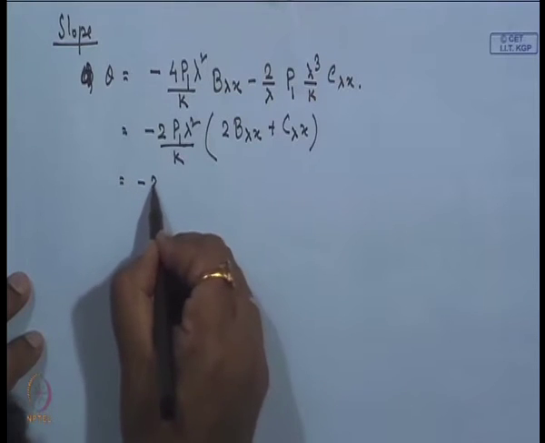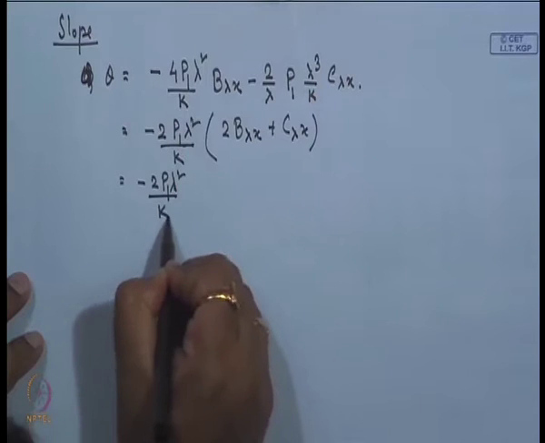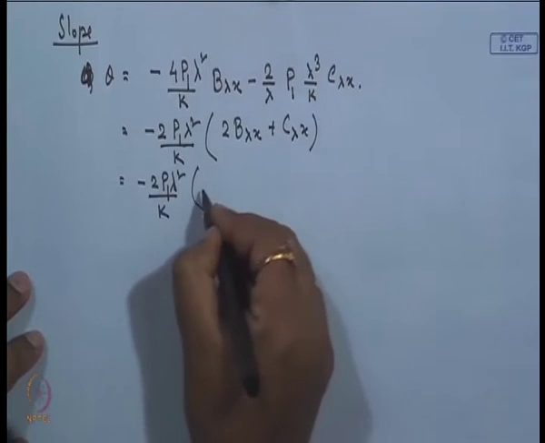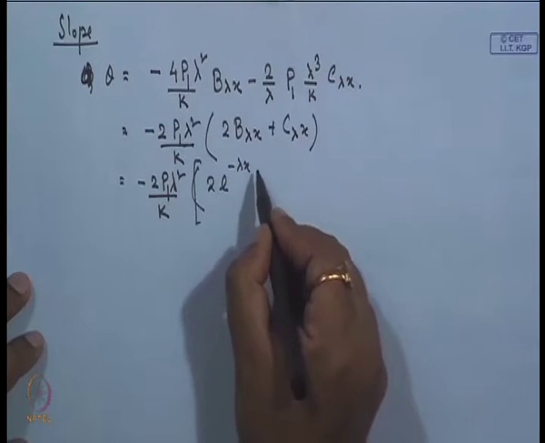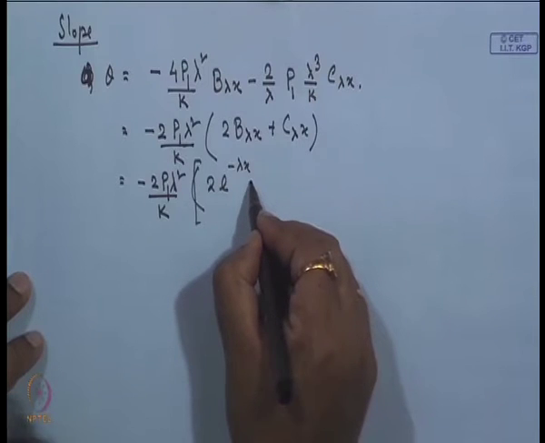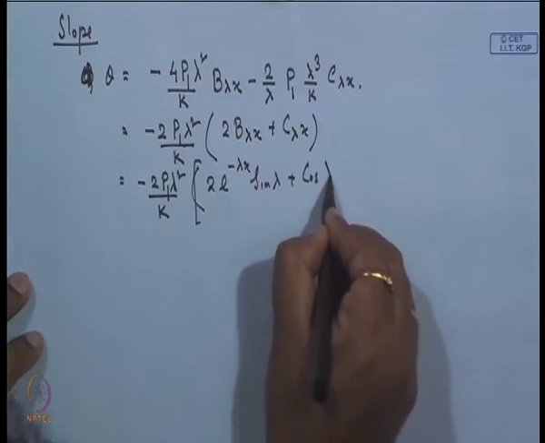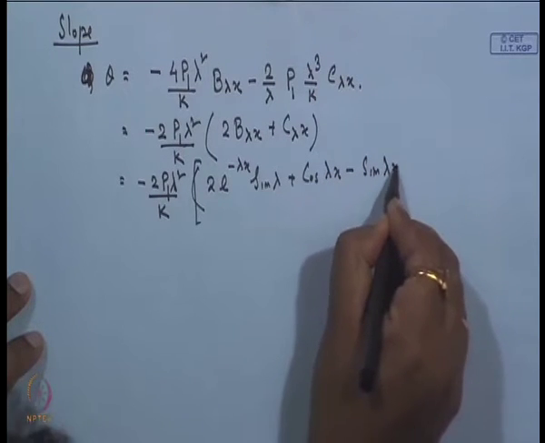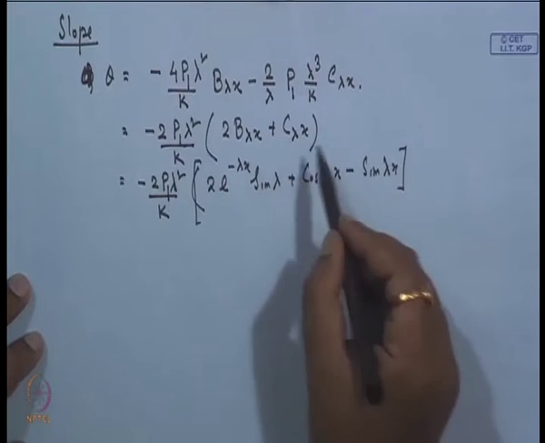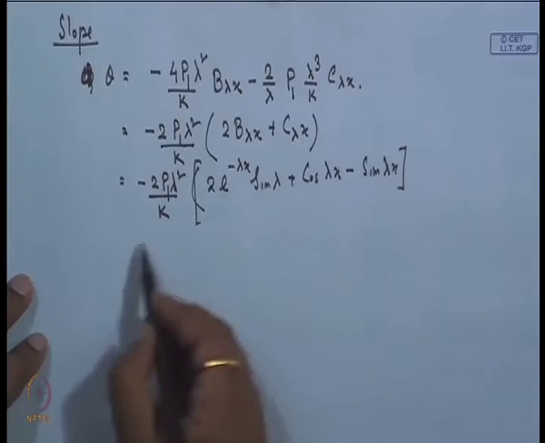So, this will be minus 2 P 1 lambda square by k into 2 e to the power minus lambda x. B lambda x is sin lambda x, plus cos lambda x minus sin lambda x, because C lambda x is cos lambda x minus sin lambda x. So, one sin will cancel out.